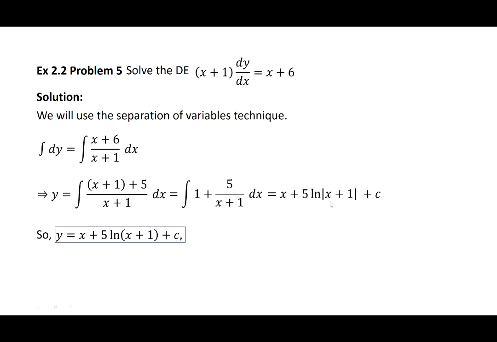So at x equals -1, there is a discontinuity. That means at x equals -1, this natural log of absolute value of x plus 1 is not differentiable. When something is not differentiable, how can you claim it to be a solution of a differential equation? Right? So what we must do is say that this is a solution on either the positive interval or the negative interval.